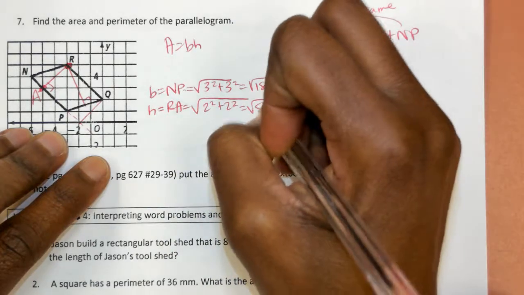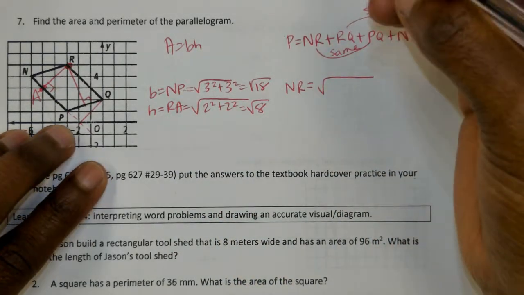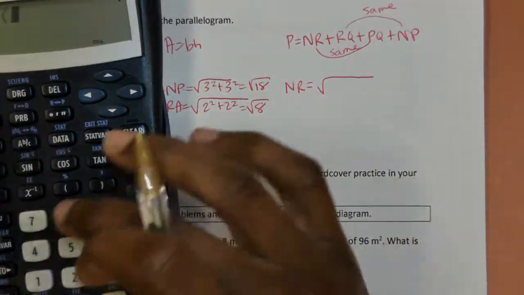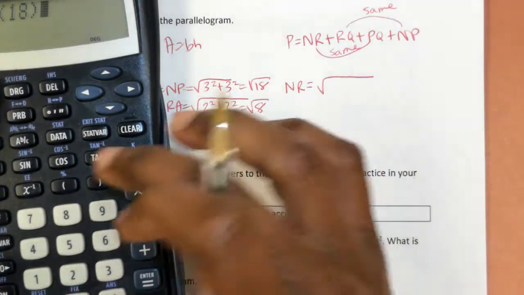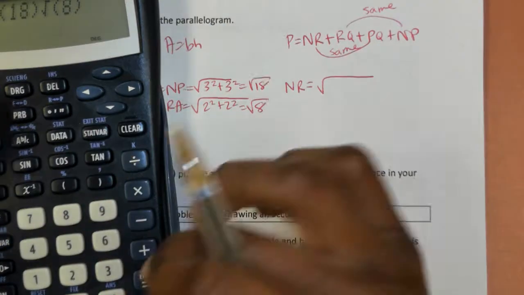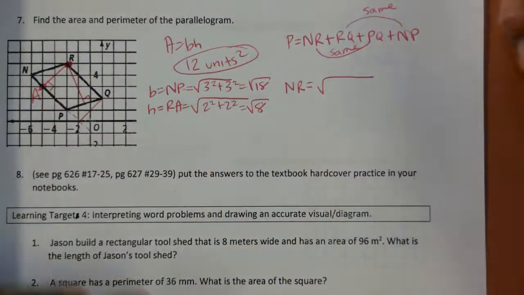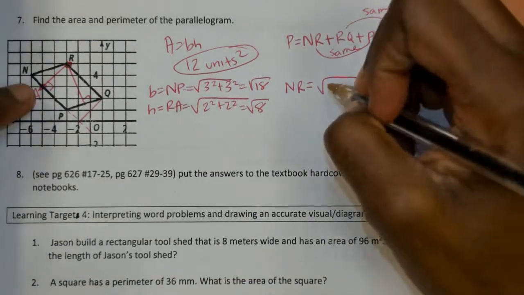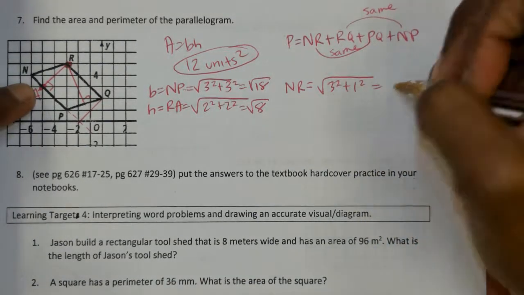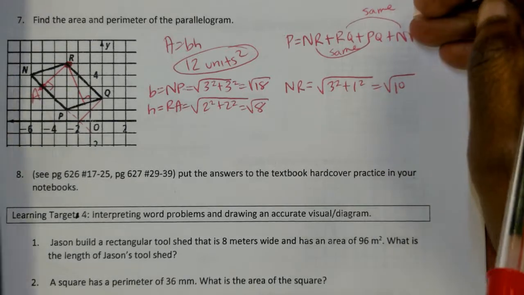So you can pause this and go ahead of me and then come back and just check. Square root of 18 times square root of 8 is just 12. NR is 3 and 1. Square root of 10.